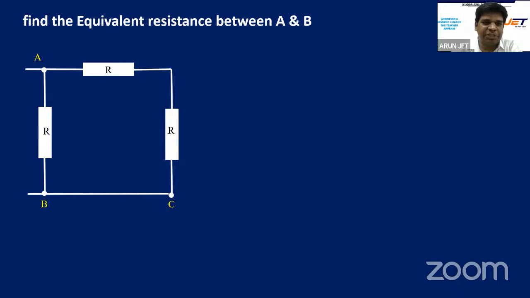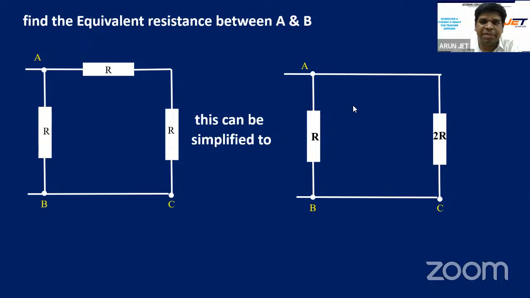Let's see. I'll initiate the thought process, students. This can be simplified like this. Between A and C, there are two R's and they are in series. They are in series, right? R and R in series.